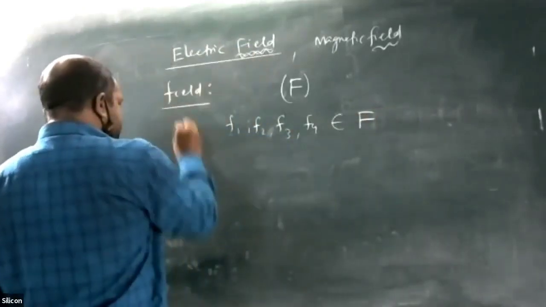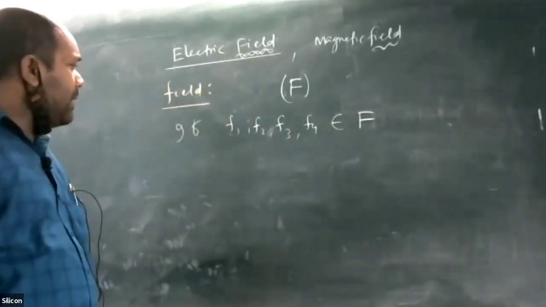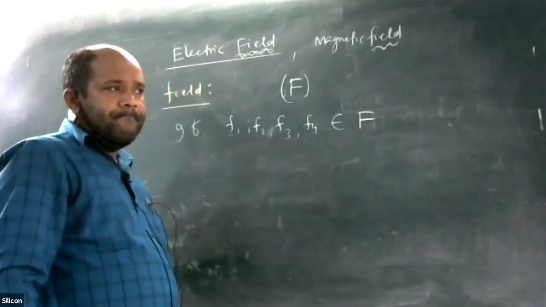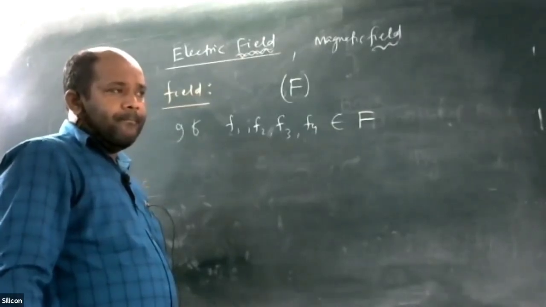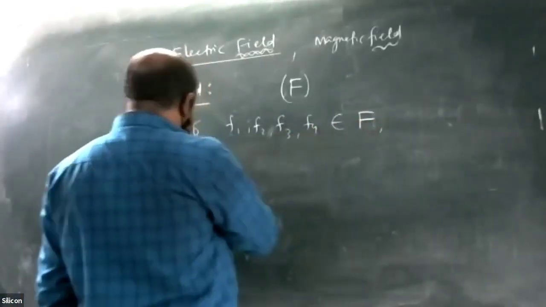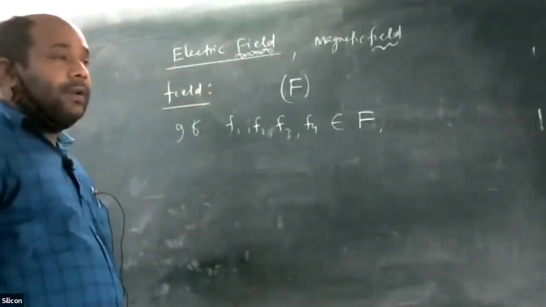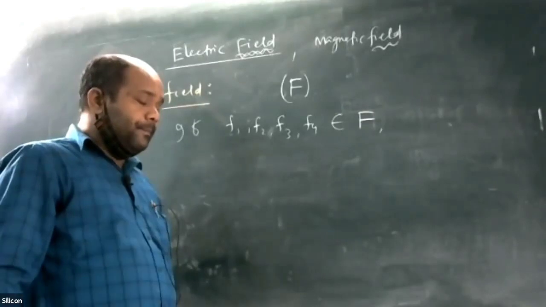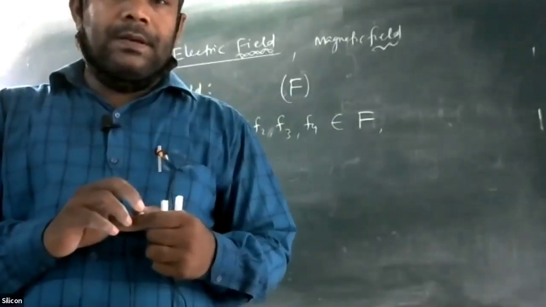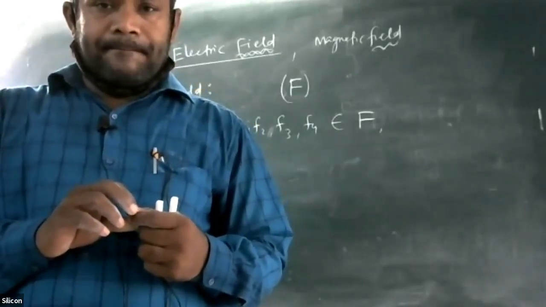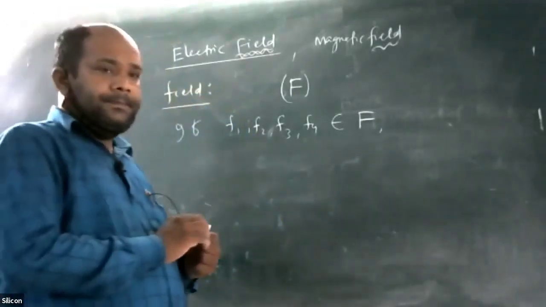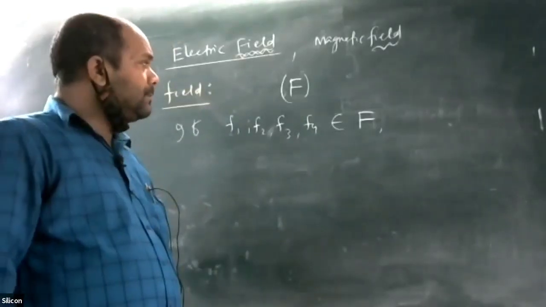You can write: let F1, F2, F3, F4 belong to set F. The set which satisfies the following conditions is called a field.